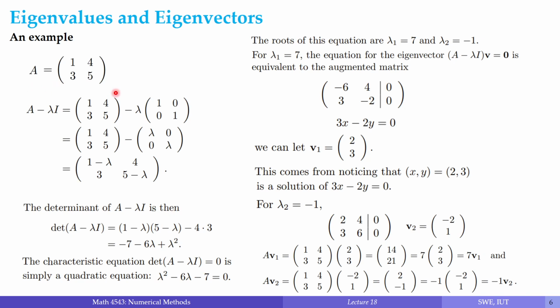This is a small 2 by 2 matrix, 1 4 3 5. Instead of going through all this mathematical jargon, let's try to solve it on our bamboo paper and see how we can come up with the eigenvalues and eigenvectors of this particular matrix.